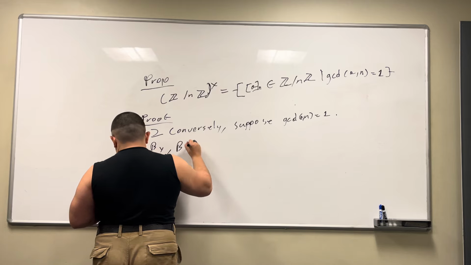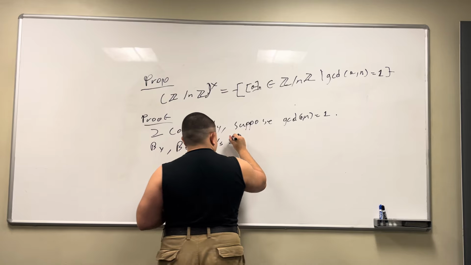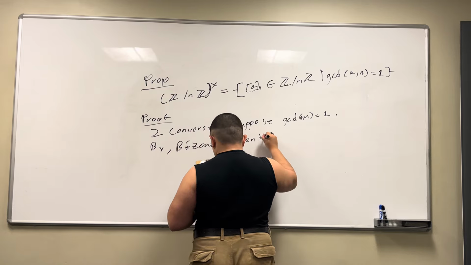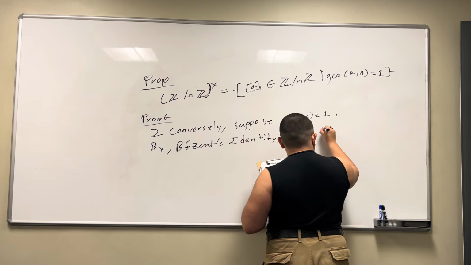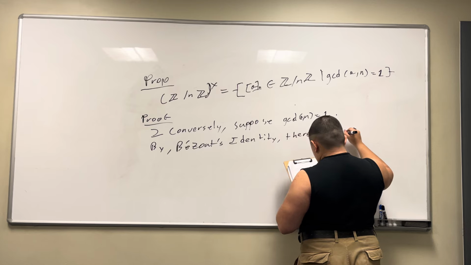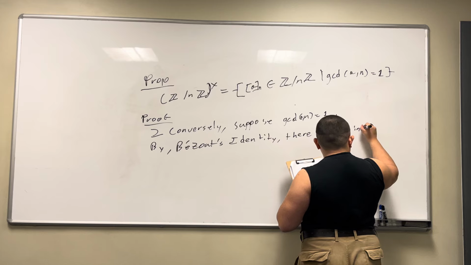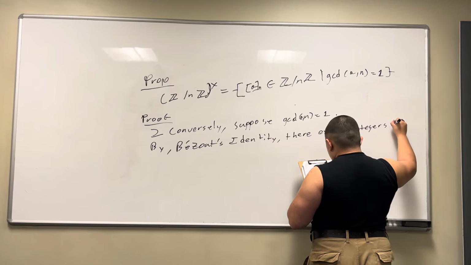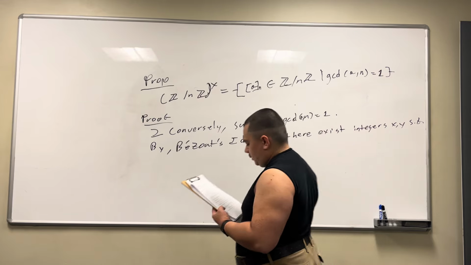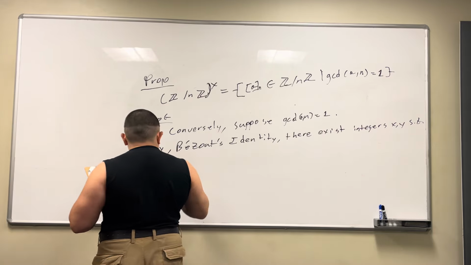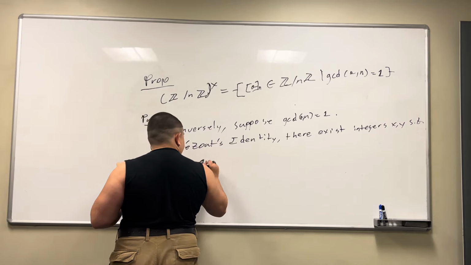By Bézout's identity, there exist integers x, y such that ax plus ny is equal to 1.